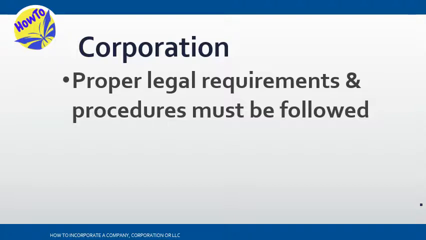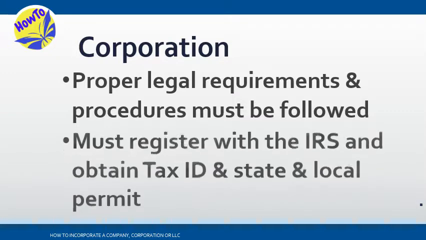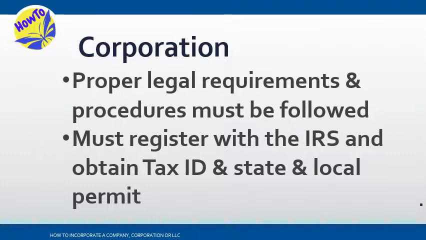If it is incorporated in Nevada, the Nevada corporate law procedure must be followed. And a corporation must register with the IRS, obtain a tax ID, and also register with state agencies and get the local permits wherever required.